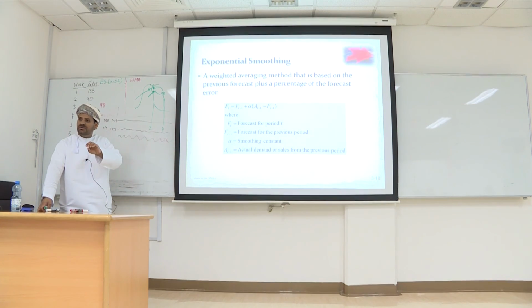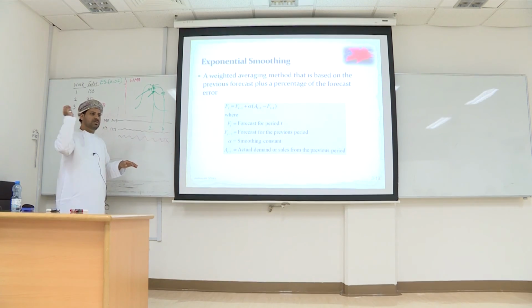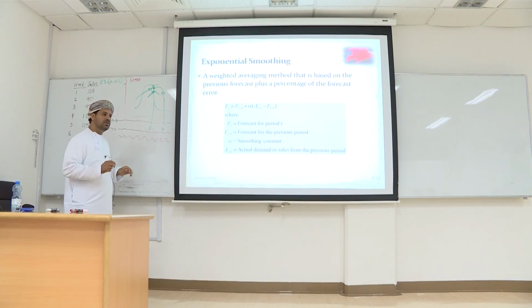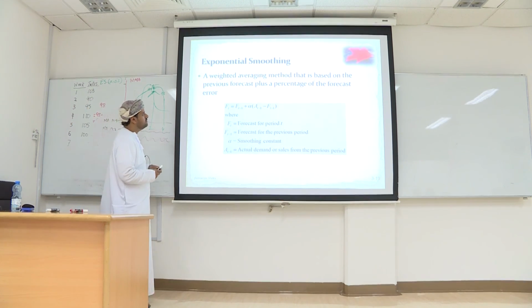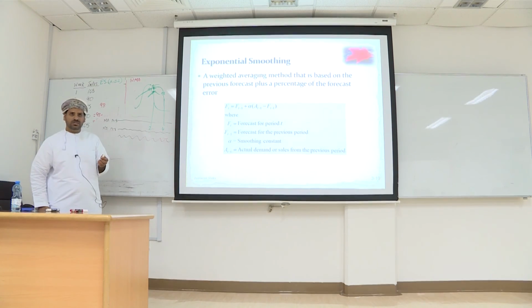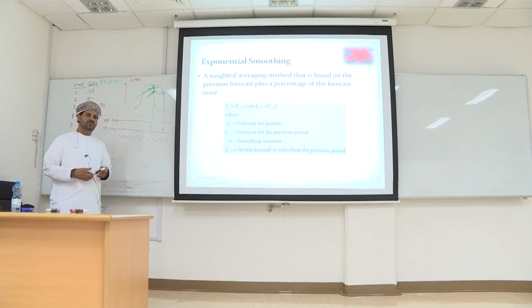Then you compare the best one to the weighted moving average, the moving average, and the other ones, and select the best of all of them. Yes, the selection of the weights and the smoothing constant is arbitrary, but you can apply different methods. You can even use Excel or other optimization software to give you the most optimal value that will minimize your forecasting error. So that's the feature of exponential smoothing: it learns from its previous mistakes.